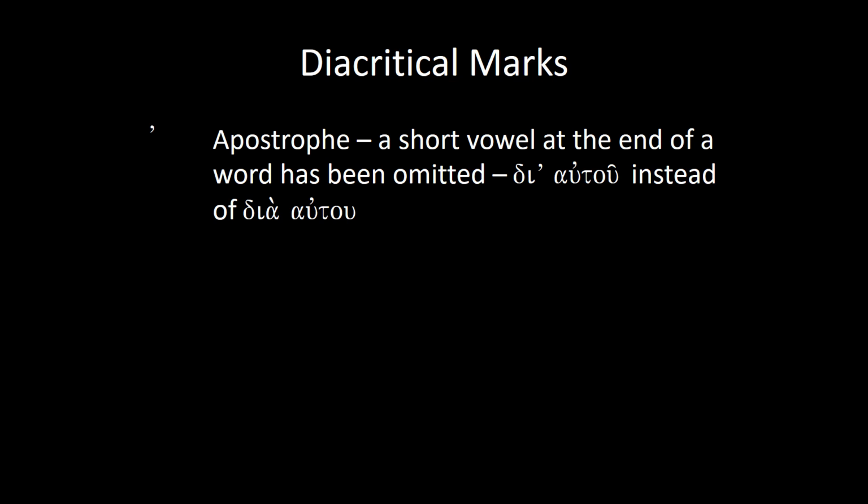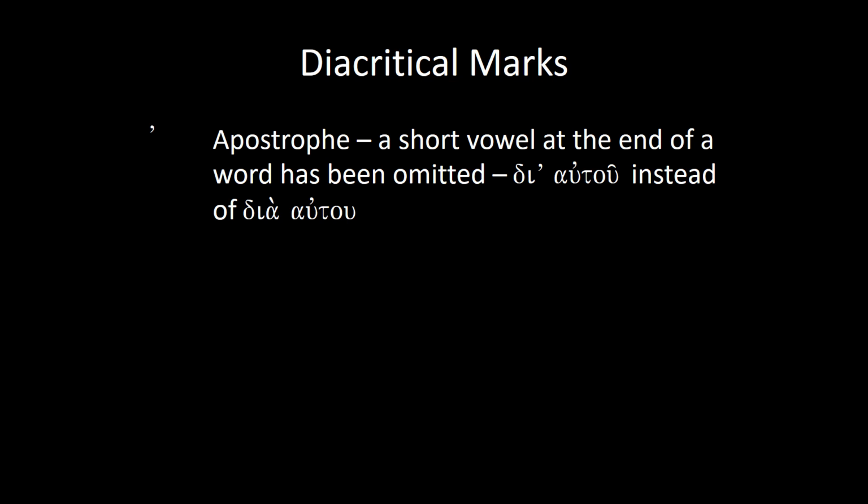All right, a few other marks, diacritical marks. So an apostrophe looks just like an apostrophe. If you had a word and you were going to stick it next to another word, and as a result you had to eliminate one of the letters.